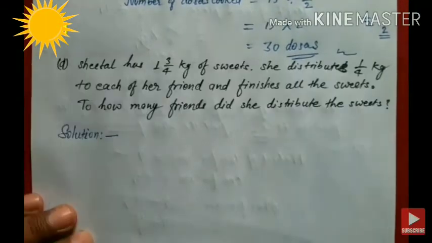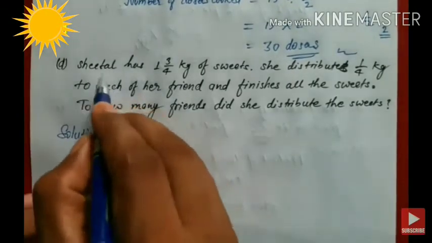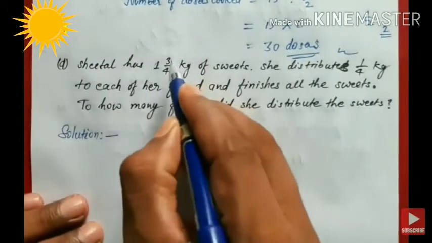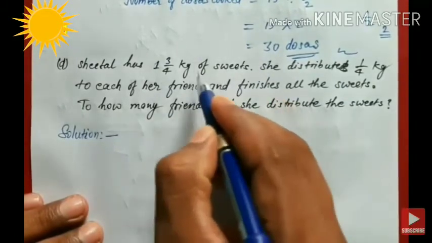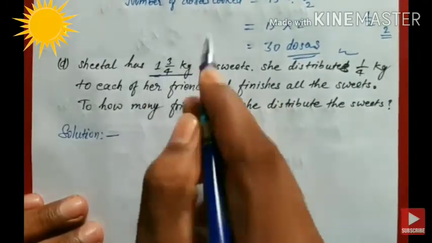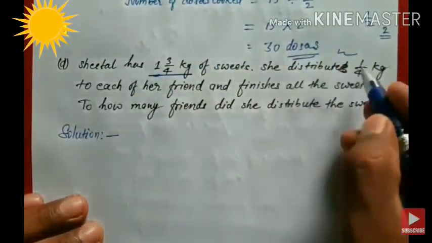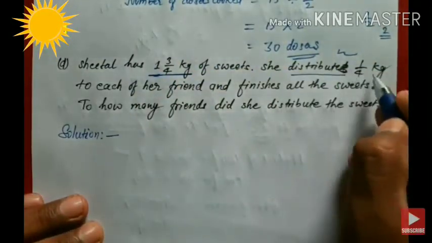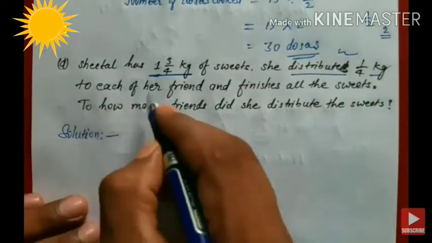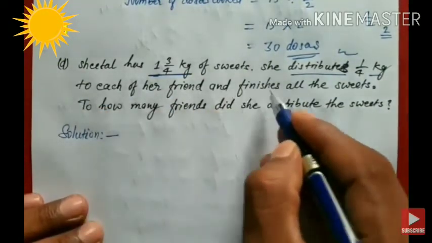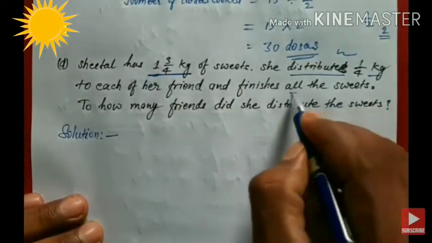So students, now the next question, D part: Sheetal has one whole 3 by 4 kg of sweets. So how much sweets does Sheetal have? One whole 3 by 4 kg. She distributes 1 upon 4 kg to each of her friends and finishes all the sweets.